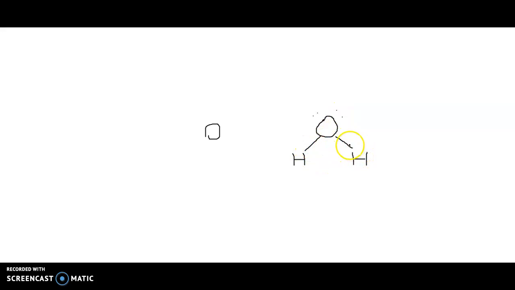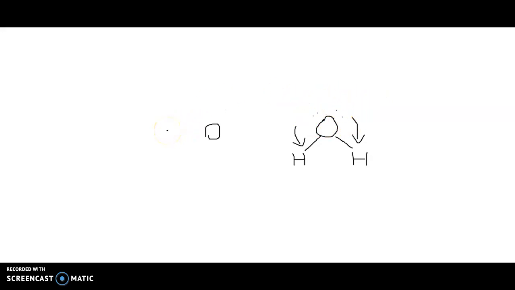Hydrogen has 1, 2, and the other hydrogen has 1, 2. That's exactly the way it wants to be. So these lone pairs of electrons are up here, and they're going to push these hydrogen atoms out of the way. Why? Because this is all negatively charged, and the same charge is going to push those things away.